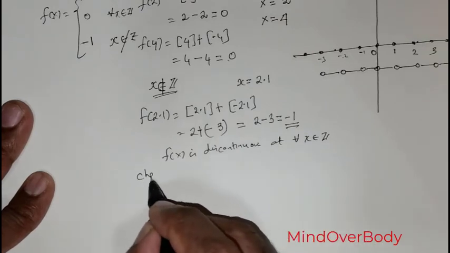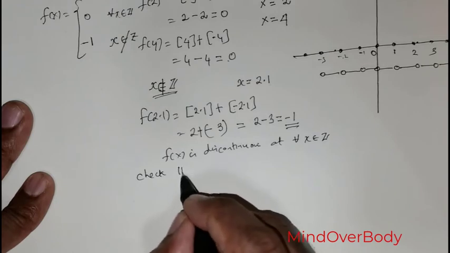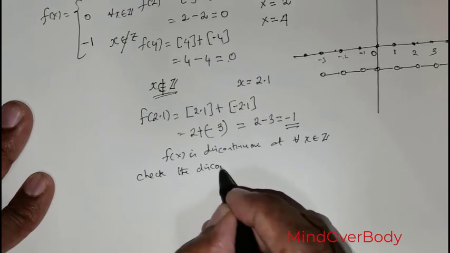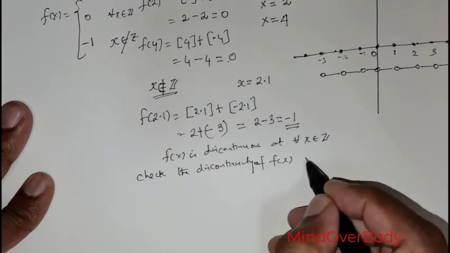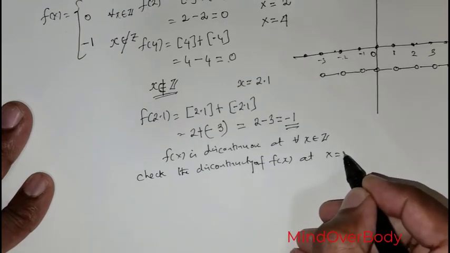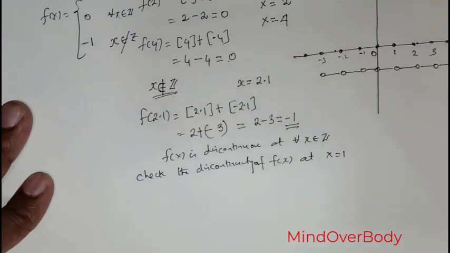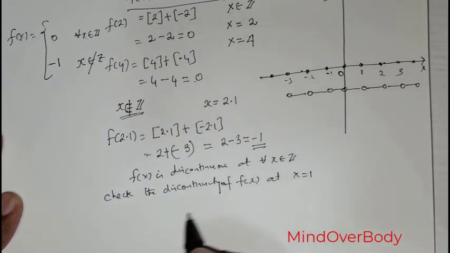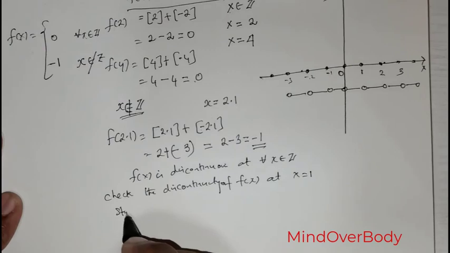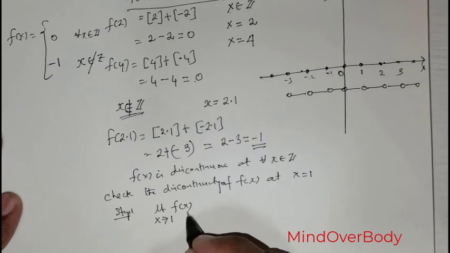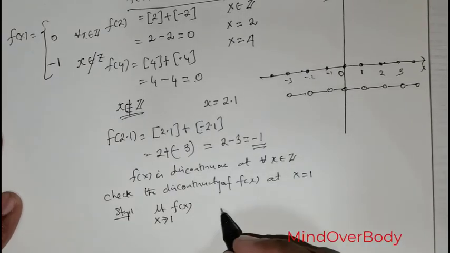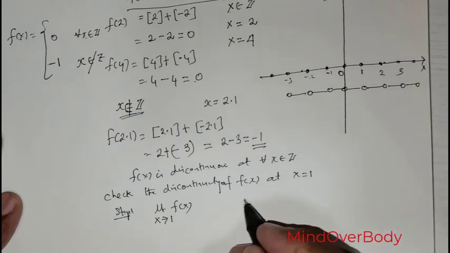So I'm going to check the discontinuity of f of x at a point, say x is equal to 1. So for that we need the graph. So first to check is, what is step number 1? Step number 1 is we need to find out the existence of limit as x tends to 1. So that means we need to check the existence of left hand limit and right hand limit.